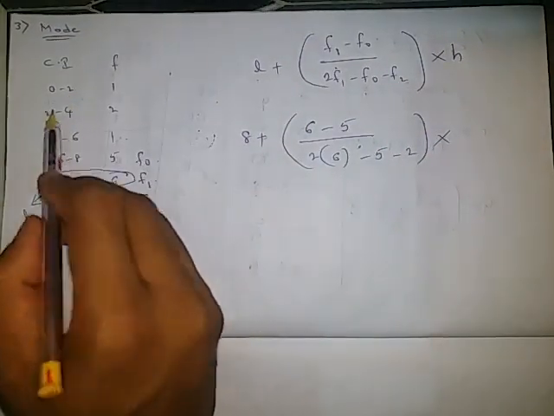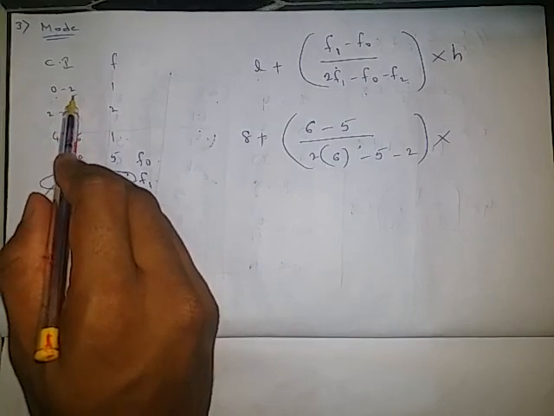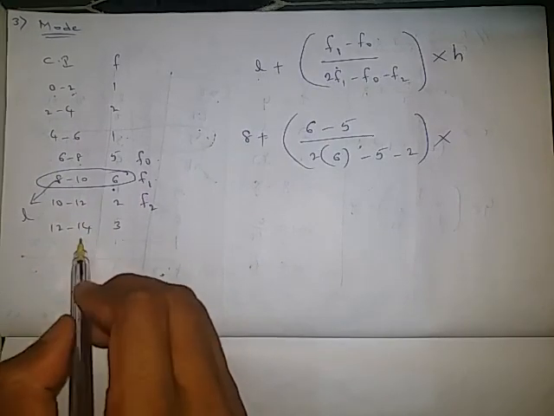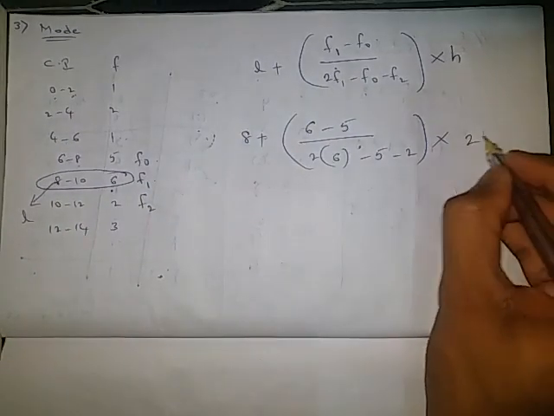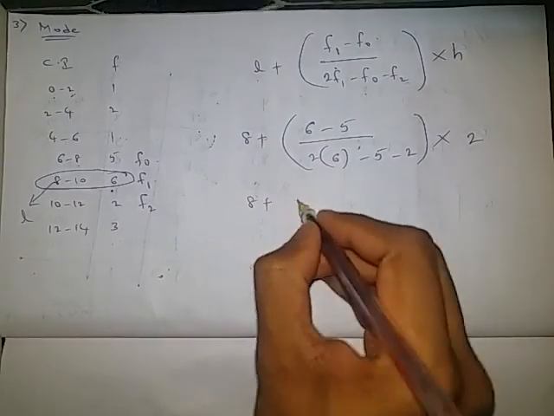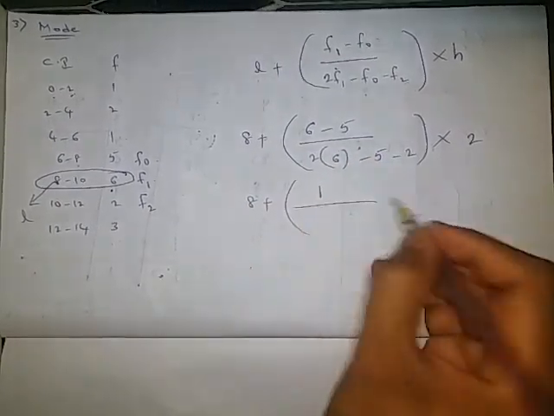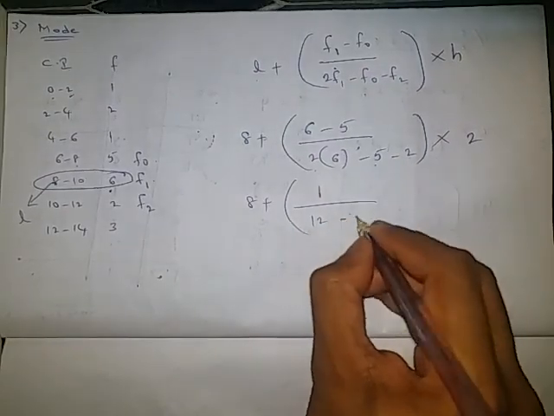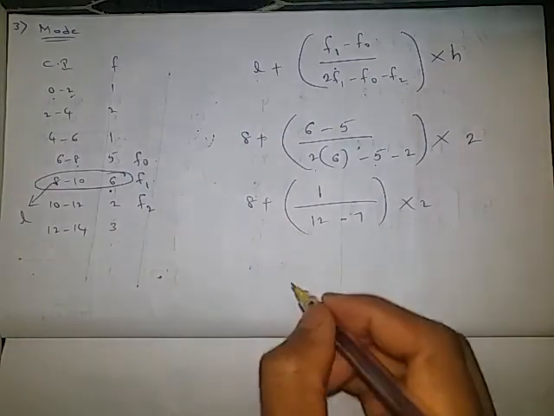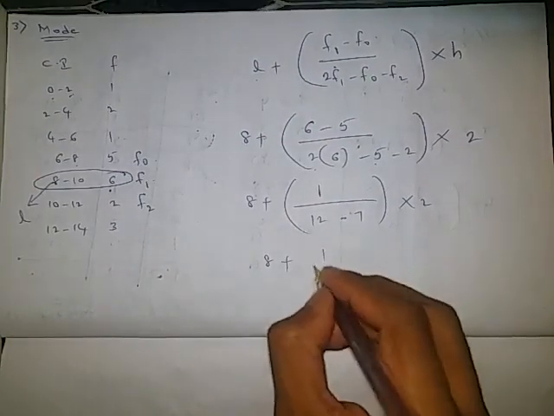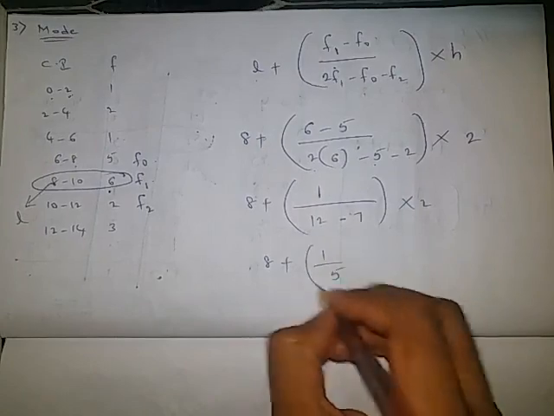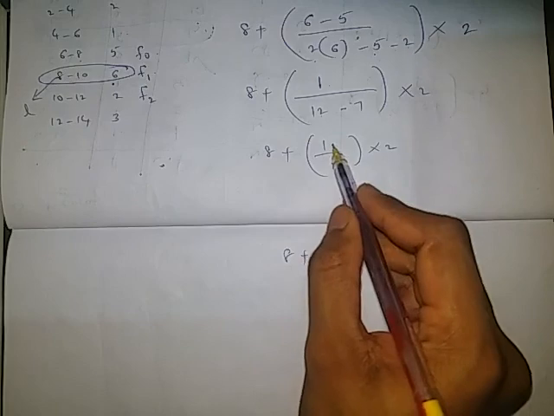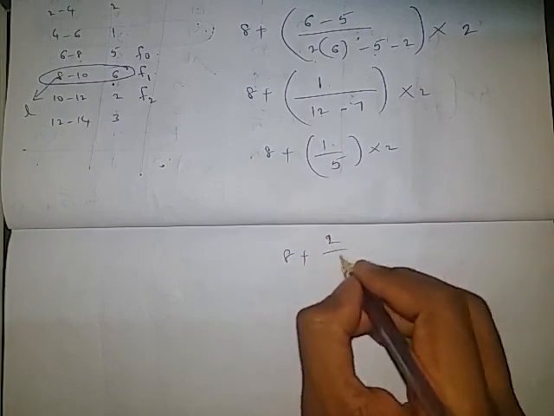Any class interval you take, 0 to 2, subtraction if you do, 2. 4 minus 2, 2. 8 minus 6, 2. 12 minus 10, 2. 14 minus 12, 2. So height is 2. 8 plus 6 minus 5, 1, by 2 sixes are 12 minus 5 minus 2, 12 minus 7, 5, into 2. 8 plus 1 into 2, 2 by 5.